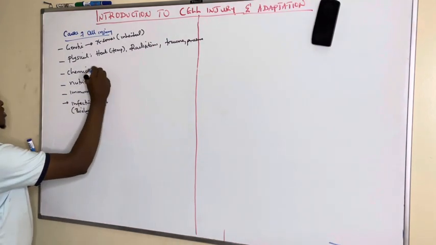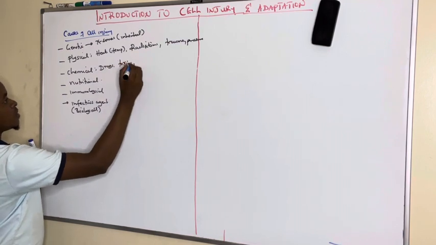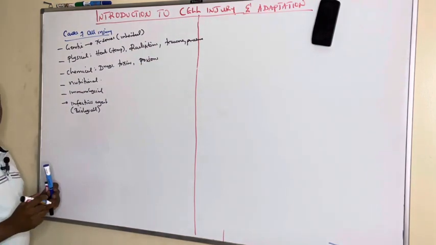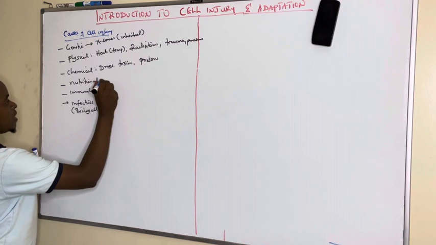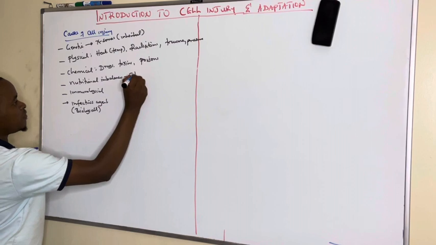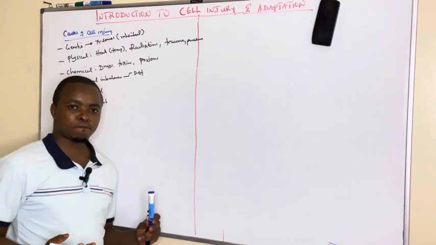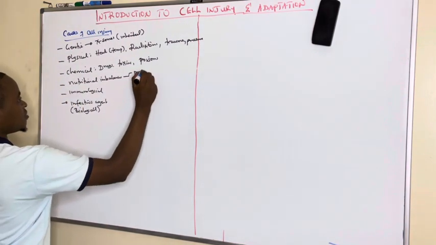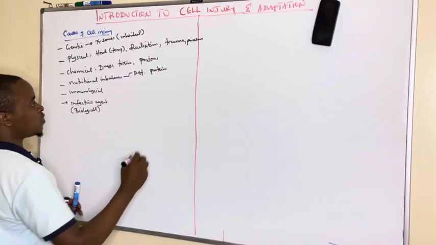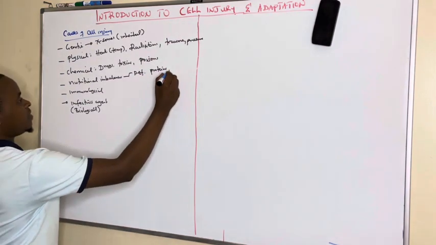Whereas chemical causes, we shall see drugs, toxins, poisons being chemical causes of cell injury. Whereas nutritional imbalances, here is due to deficiency of essential nutrients, such as vitamins, and deficiency of nutrients like proteins, whereby when the proteins are low, that is kwashiorkor, marasmus, in the presence of carbohydrates, then vitamins.